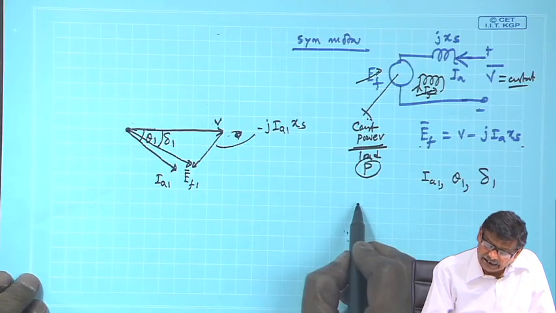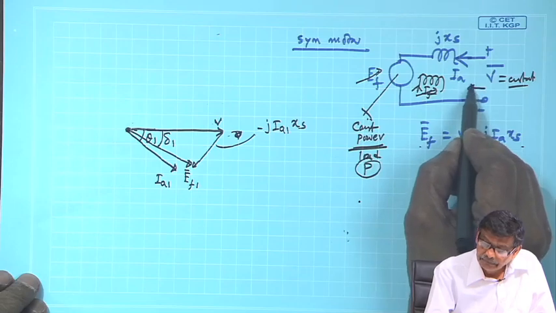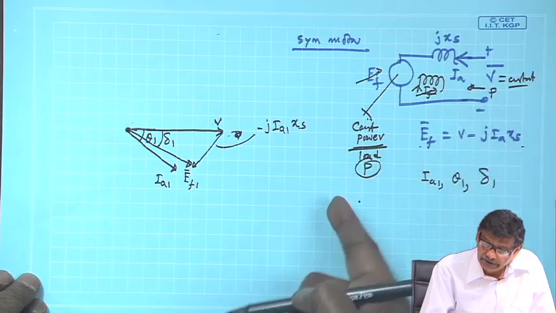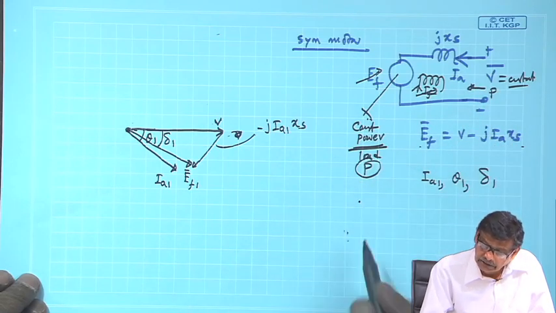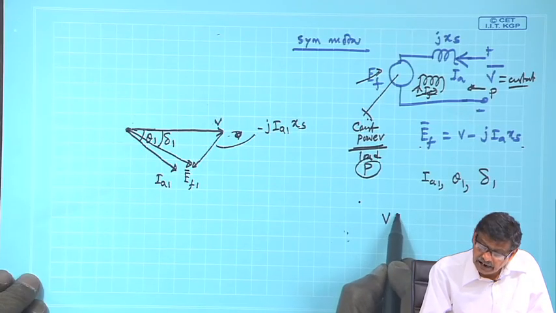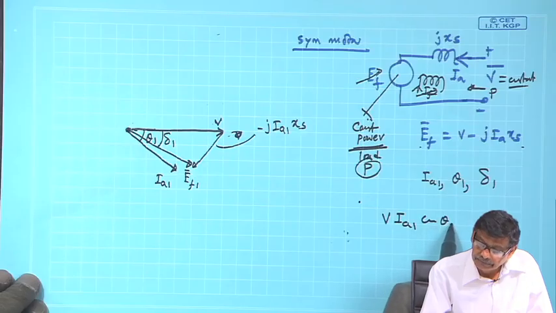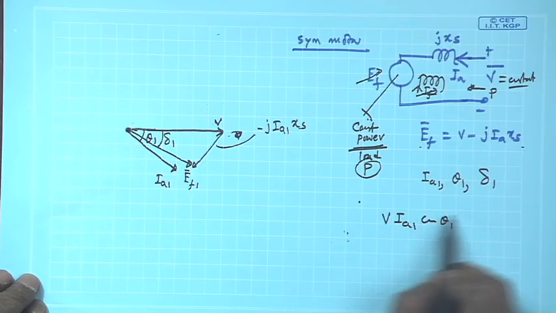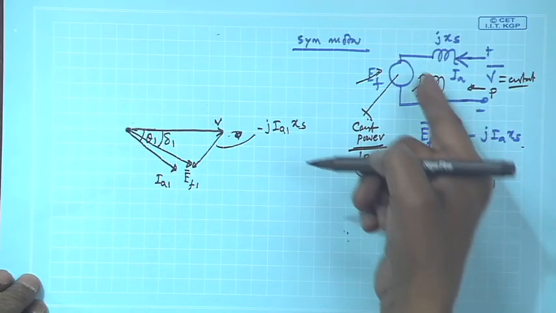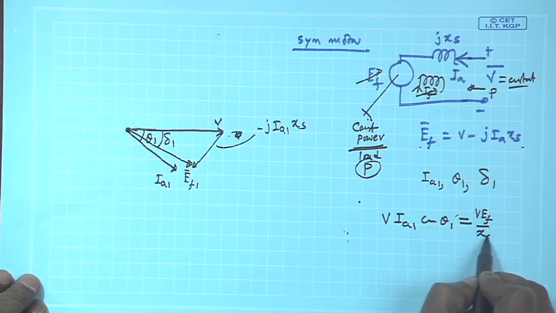Once again, the expression of the power is the same. The power drawn must be equal to the real power. So, the power drawn is V I A 1 cos theta 1, and also the power drawn, using this expression, is this, with sin delta.